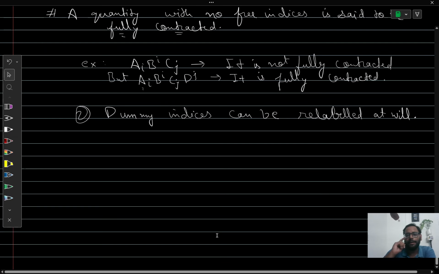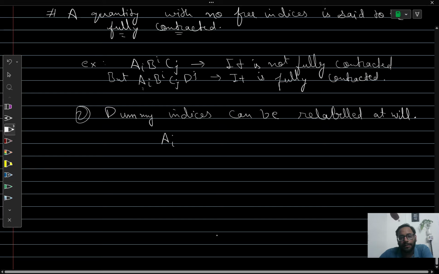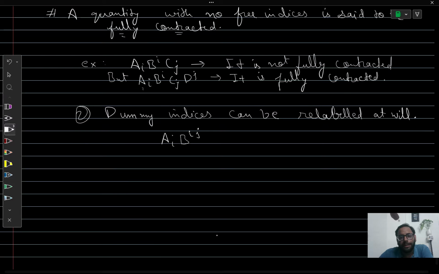Whenever needed, in any expression, if you find, suppose, b^j with two upper indices, you can relabel J with, suppose, K. Dummy indices can be relabeled, but the new label should not match the free indices.